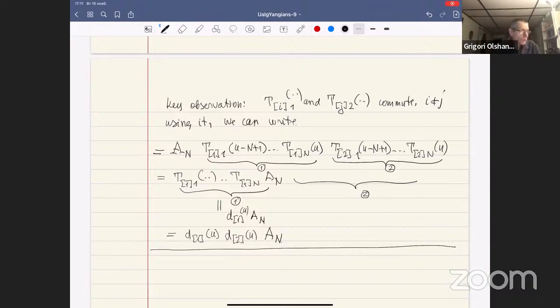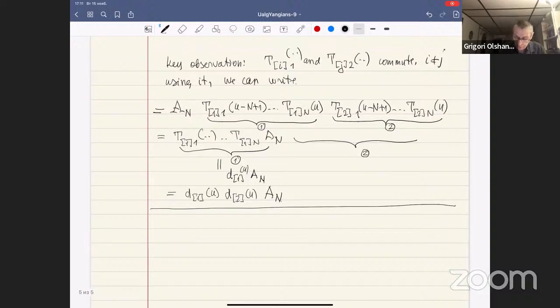So what I want to do next is only some remark. Let me recall that the Yangian is a deformation of the universal enveloping algebra.